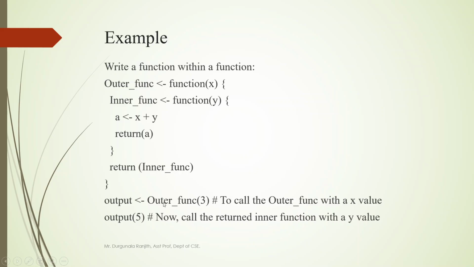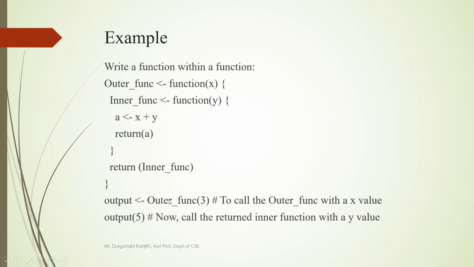So when I am calling the function, I am calling the outer function with the x value. When I am calling the outer function, that particular value gets stored into the variable, that is output. Whenever I call this output value, it takes the inner function value and both are combined and it gives the result.